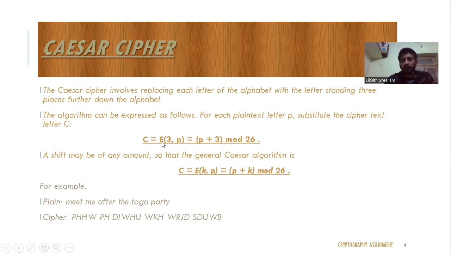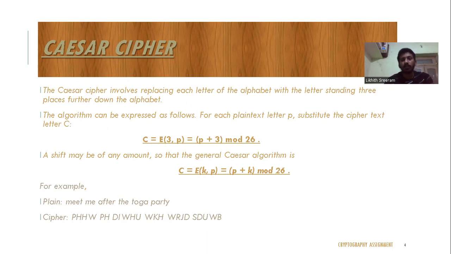E means encryption of three further. There are 26 letters in the English alphabet, so we are going further down three letters from the plain text. If we select the single letter A as plain text, we get the cipher text by pushing the letter to the fourth letter.